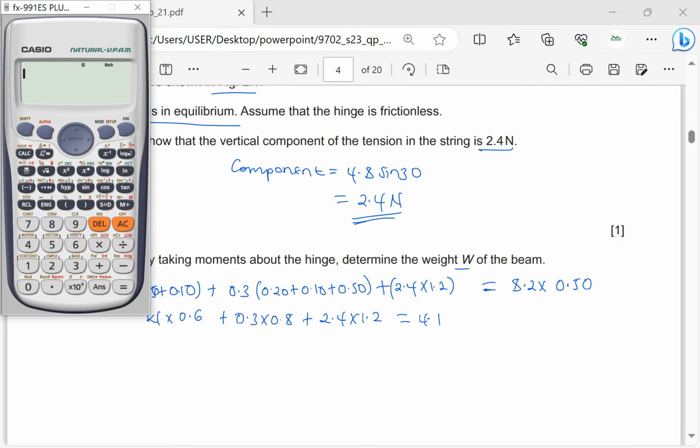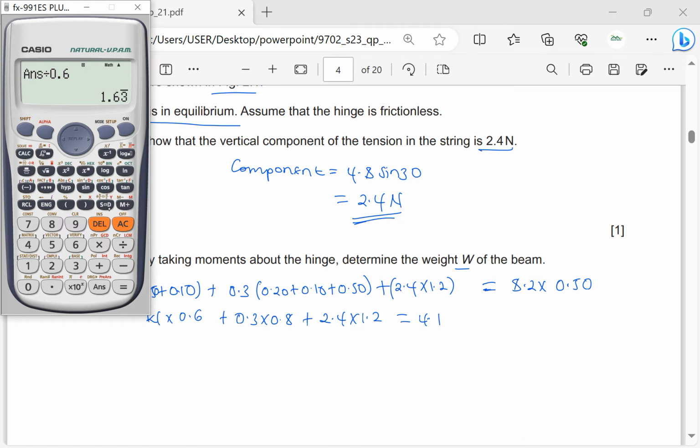So I'll just simplify to find W. I will say 4.1 minus, I'll subtract everything, 2.4 times 1.2, minus again 0.3 times 0.8, then I divide by 0.6.